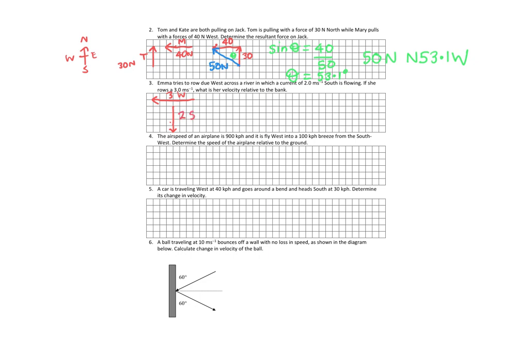So when I add those two things together, that's 6, yep. That is the velocity due to the rowing. We add on the velocity due to the current, so we have a 3 and a 2.